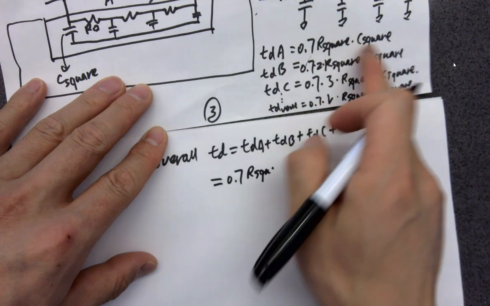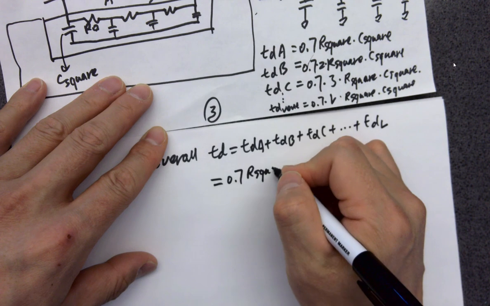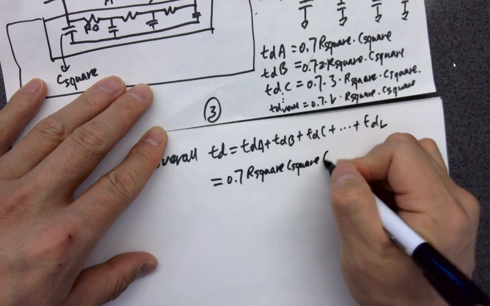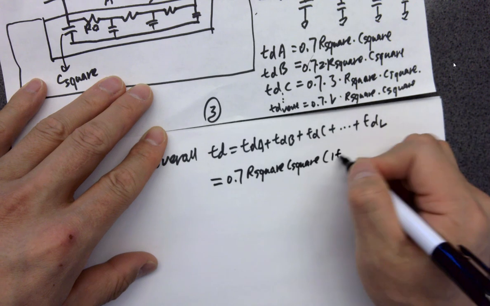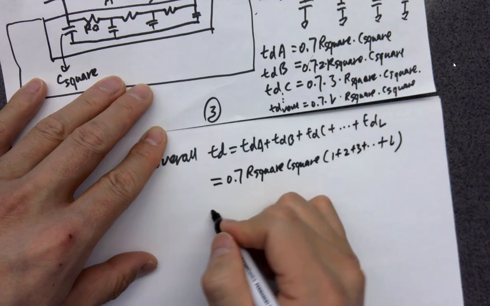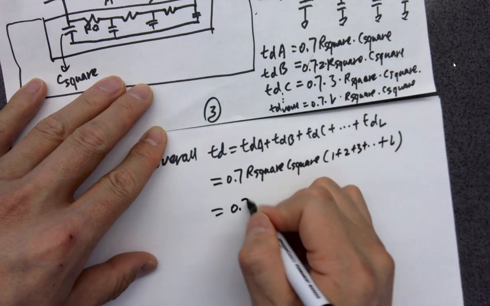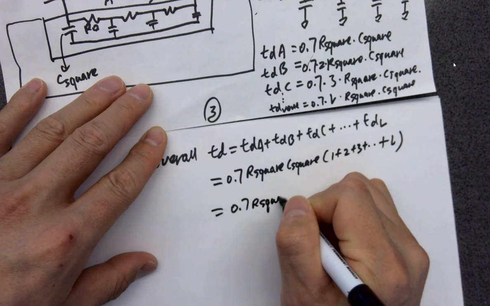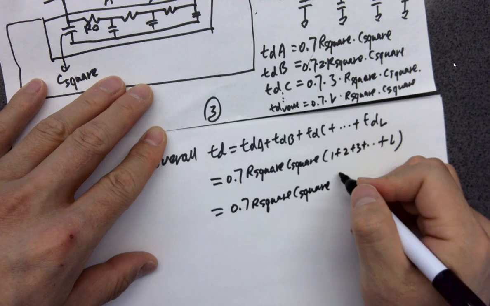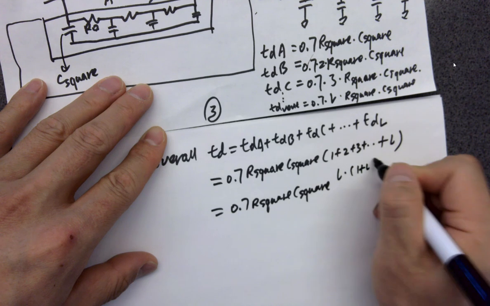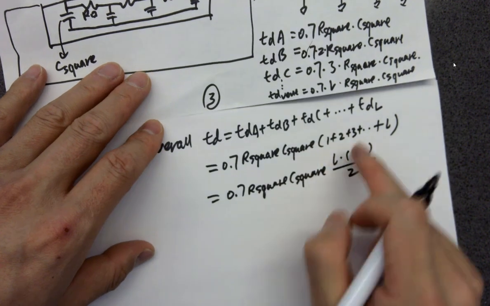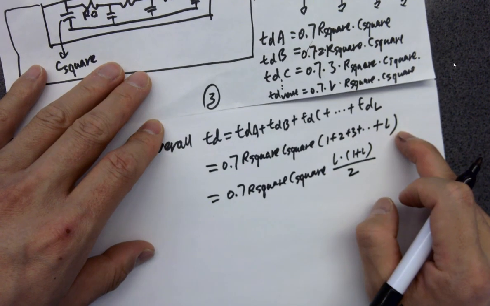Factor out R square and C square and 0.7. And it becomes 1 plus 2 plus 3 plus ... L. And this one equals L times (1 plus L) divided by 2. So that's the equation for this addition here.